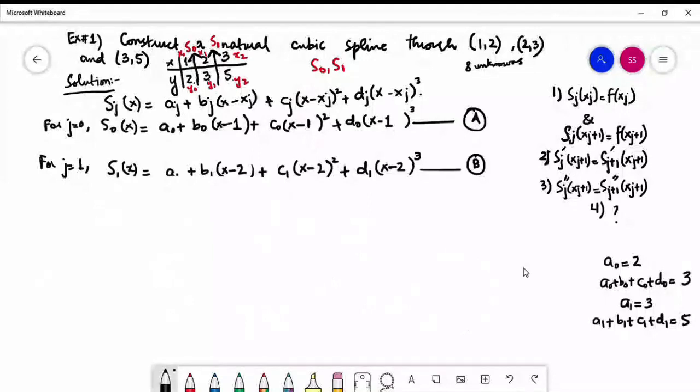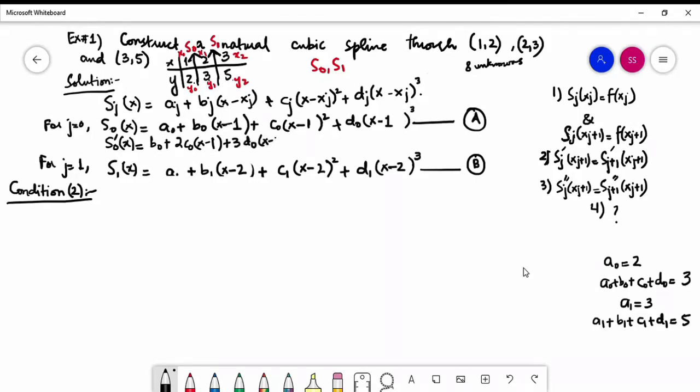Now for condition 2, I need the first derivative. The first derivative of S naught is S naught dash of x equals A naught is 0, B naught is 1, plus 2c naught (x minus 1) plus 3d naught (x minus 1) square.